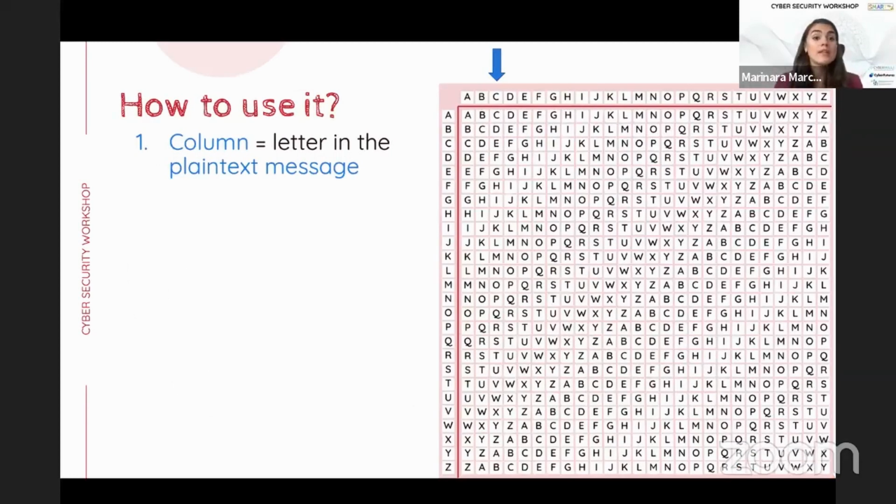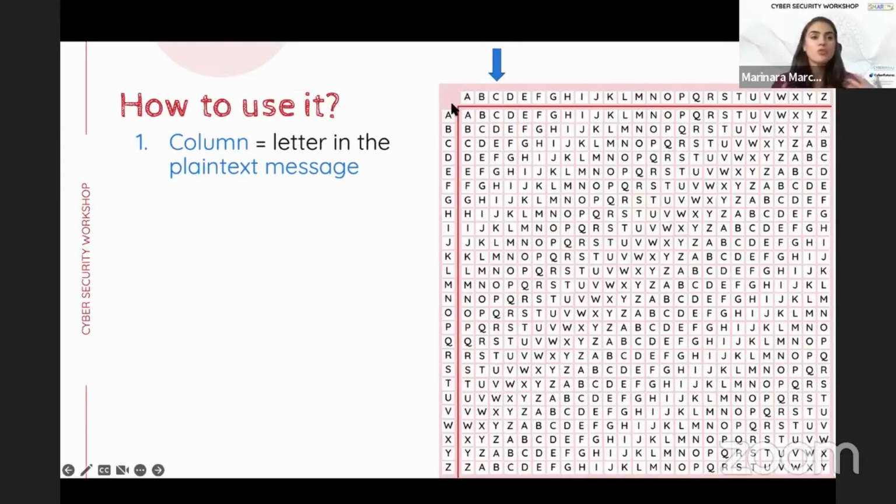Yeah. So let's see how we can use the Vigenère cipher to have more secure encryption. Okay, so one key thing here is that the columns here, so the columns A, B, C, D, E, and so on, I'll just use it here actually. These columns here, they're going to be the plain text message, okay?